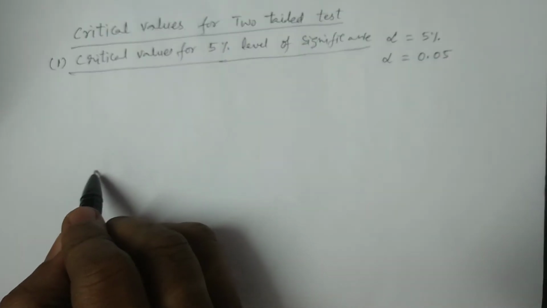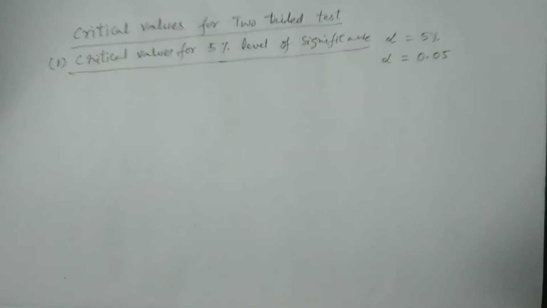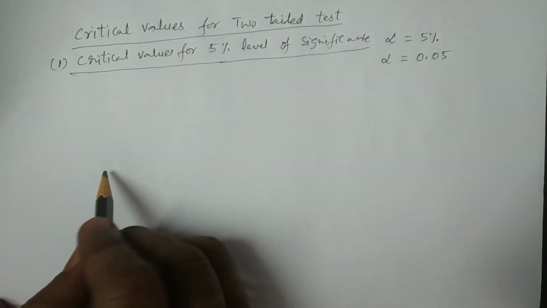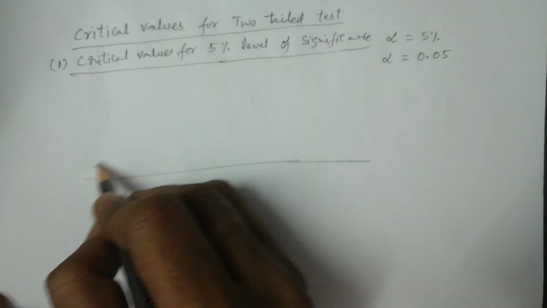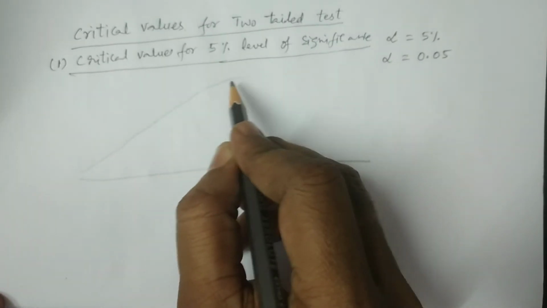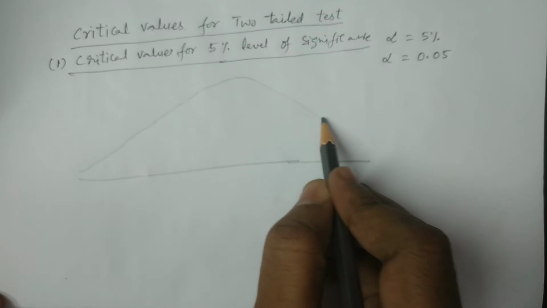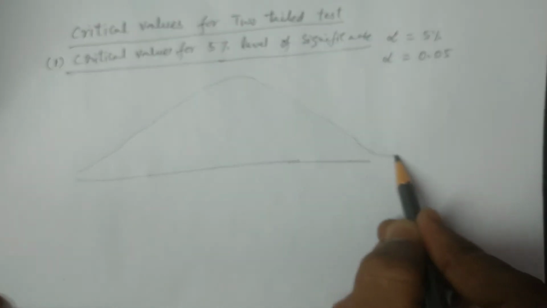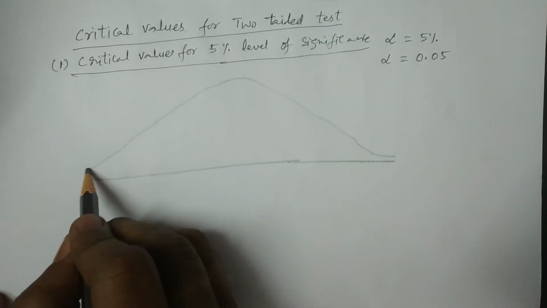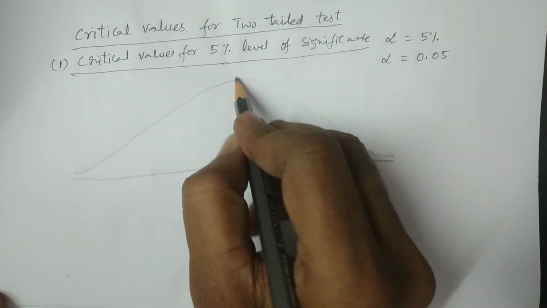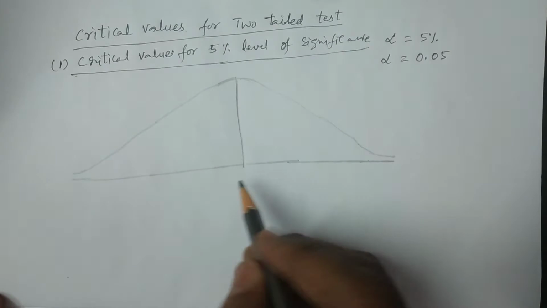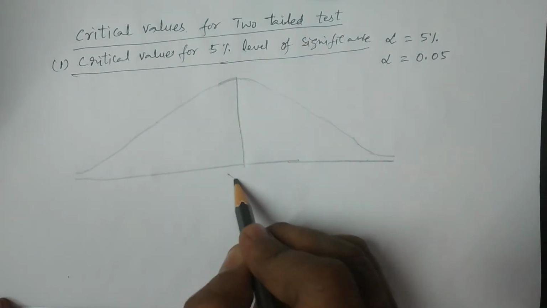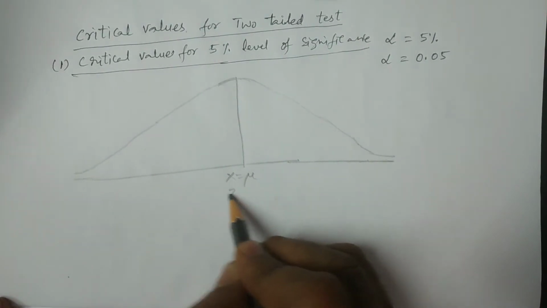Now I draw a particular figure. This is the normal distribution probability curve. For example, consider this is the highest point, where x is equal to mu and z is equal to 0.